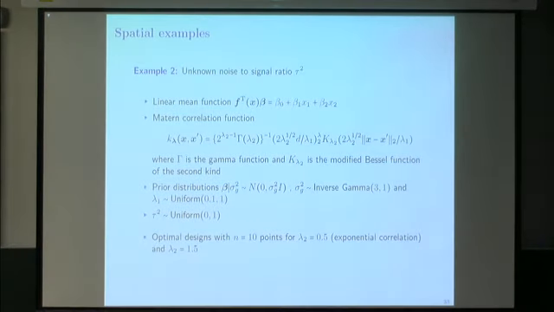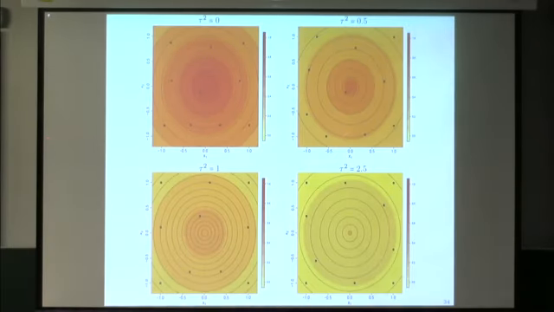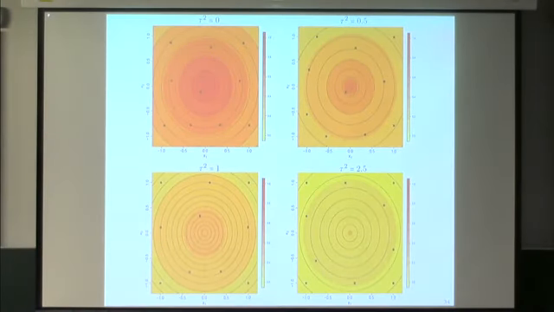Then we extend the previous example by assuming a known noise to signal ratio, and we keep everything else the same, and we have a Matern correlation function and an exponential correlation function. Also, the prior information about tau square covers the first 3 cases of the previous example.